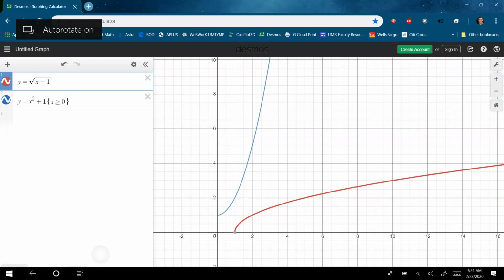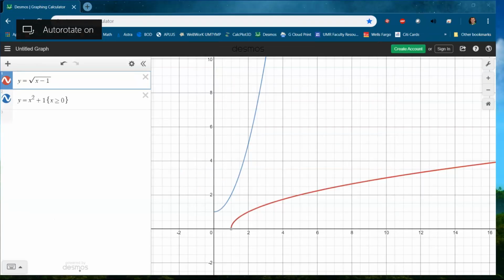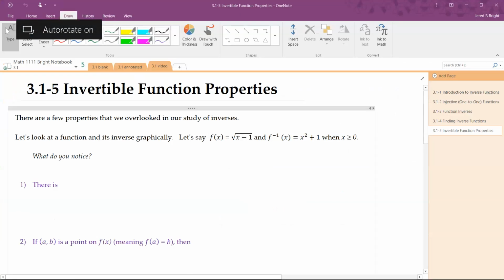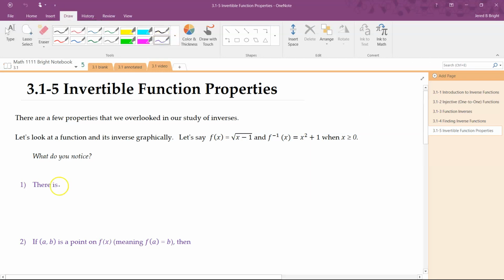So, when we look at properties related to invertible functions, there are a few that are very important. First of all, there is symmetry. This is a formal property: symmetry of the function and its inverse over the line y equals x.